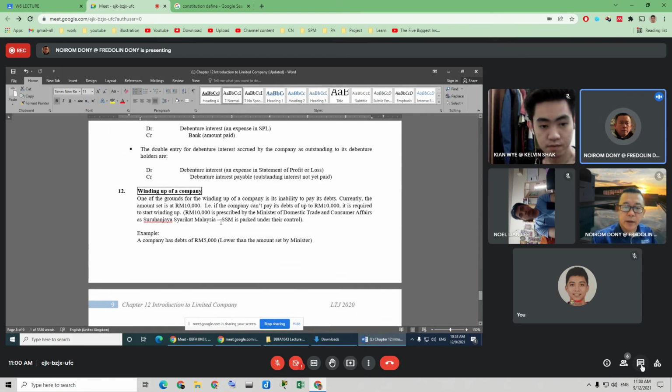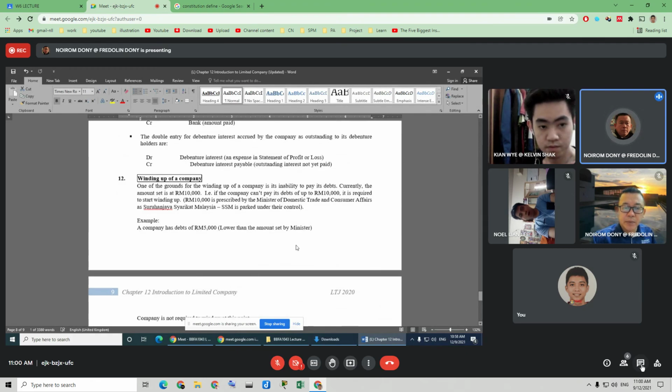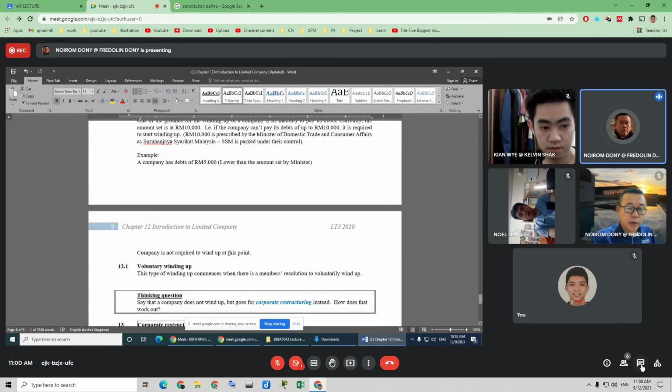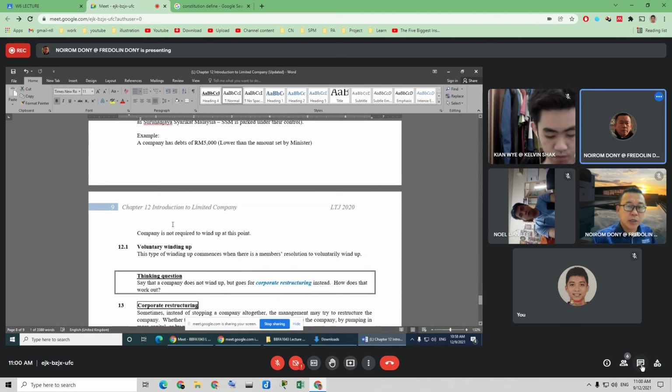For example, if a company has a debt of 5,000, lower than the amount set by the minister, the company is not required to wind up at this point. But if it is 10,000 and above and they cannot pay, then they need to wind up.